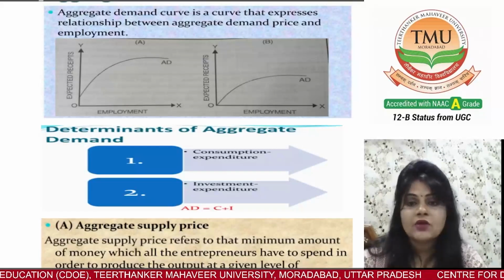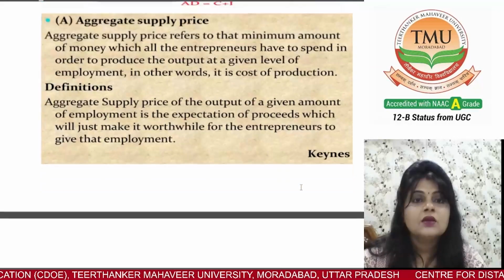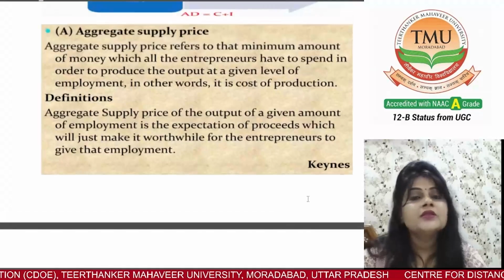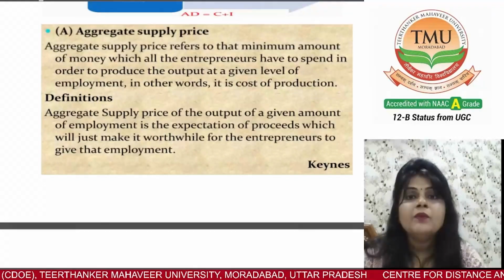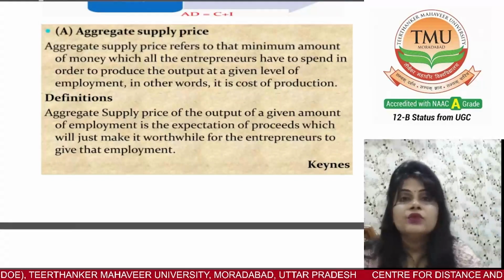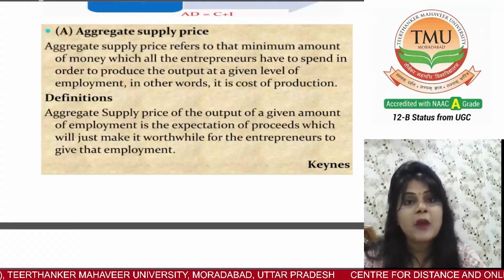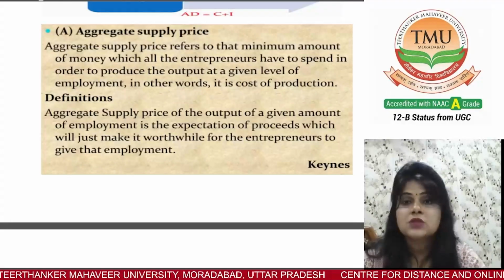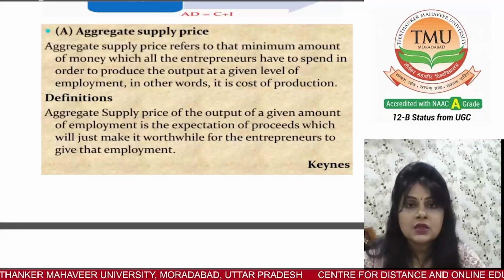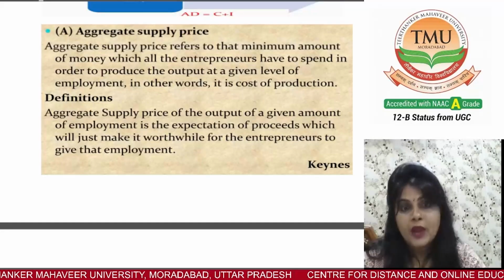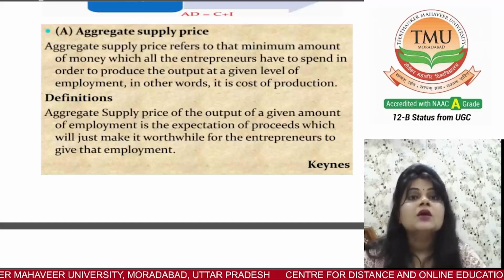Now we discuss the aggregate supply. Aggregate supply price refers to that minimum amount of money which all entrepreneurs have to spend in order to produce output at a given level of employment. In other words, it is the cost of production.